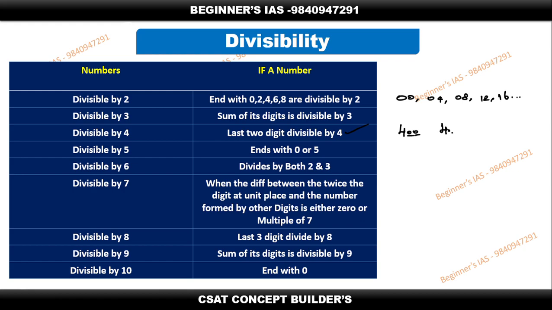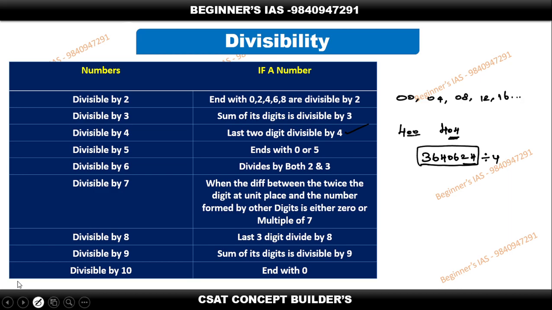Or 404, 04 as the last two digits. When the last two digits are divisible by 4, the given number is divisible by 4 irrespective of the number of digits. Take 3640624: the last two digits 24 are divisible by 4, which means the whole number is divisible by 4. So learn this logic also.